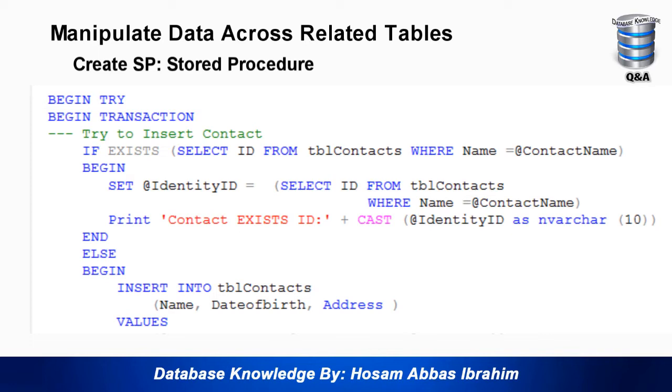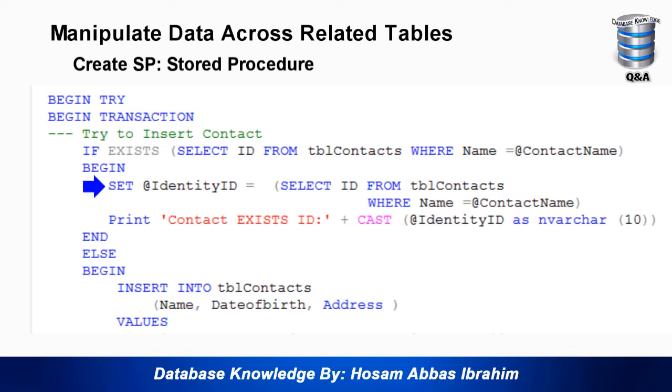But first I will try to see if this individual exists in the master table or not. So the idea here is, if it exists I will return the ID, if it doesn't exist I will create it. So I will say if exists, select the ID from the TBL contacts where the name is equal to the contact name variable, and I will say begin.